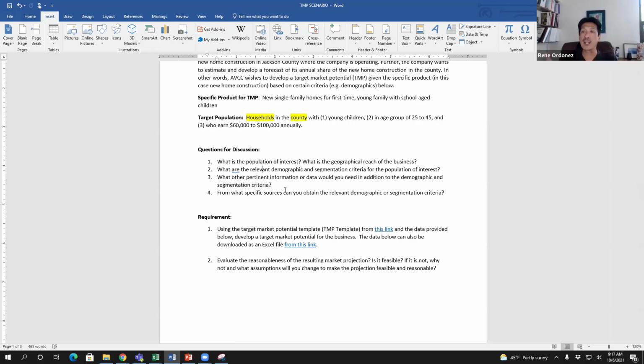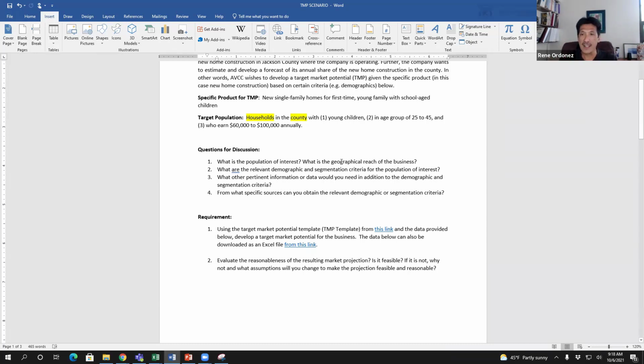What is the geographical reach of the business? And it's important to define your geographical reach, because once you start researching data in terms of number of households, you want to limit that to a geographical area, whether it's by county, by state, or the entire US, or within a 5-mile radius.